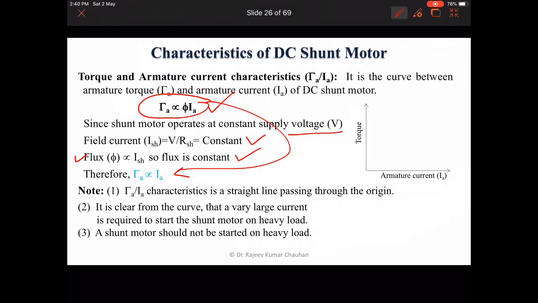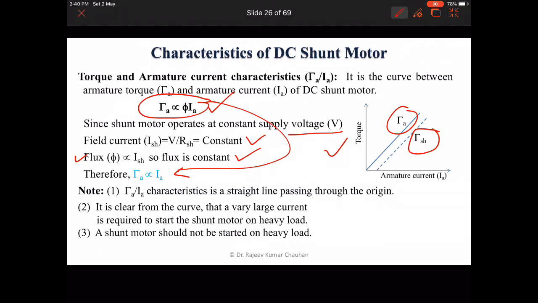Okay. So the tau A IA characteristic is a straight line passing through the origin as shown in the figure. Okay, where tau A is the gross torque and tau SH is the shaft torque.